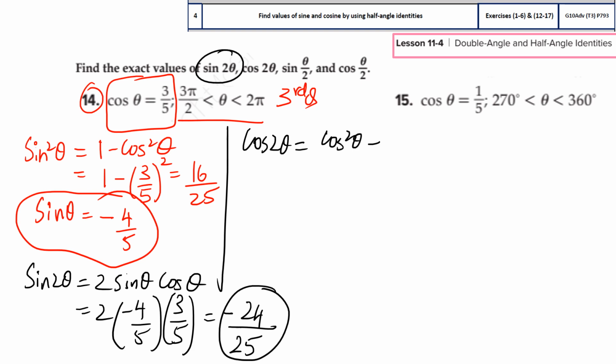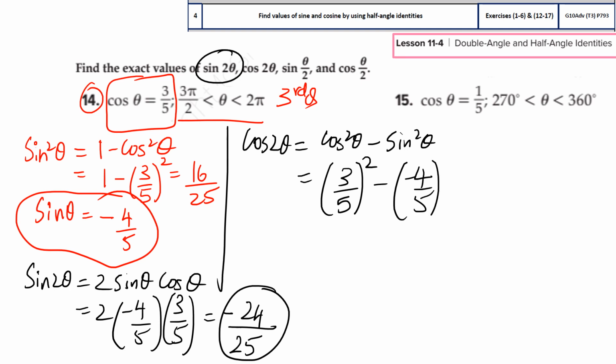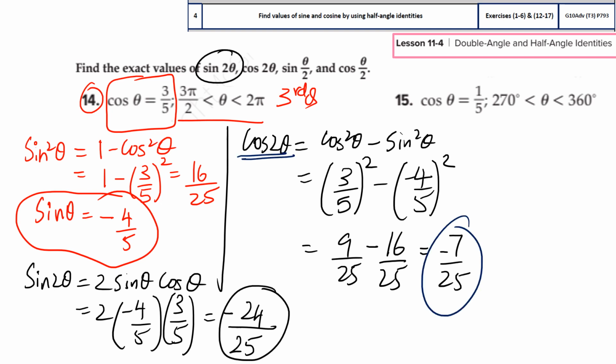Cos square minus sine square. Put the values, 3 by 5 whole square minus 4 by 5 whole square. So this is 9 over 25 minus 16 over 25, definitely it will give you a negative value, so minus 7 by 25 is your answer for cos 2 theta.